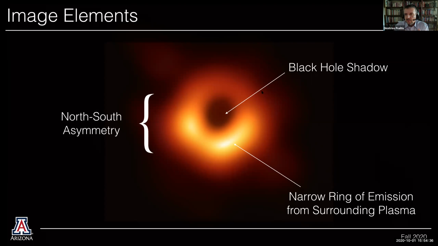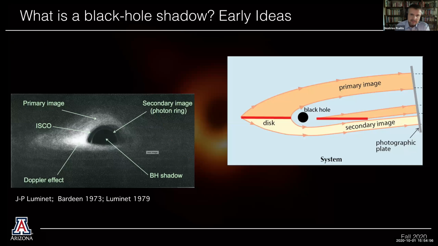So we knew that we would be able to do something about general relativity with a black hole shadow because this is something that happens all the way at the horizon of the black hole. But to understand what we can do, we have to really understand what that shadow is and how it probes general relativity. Back in the 70s, there were some early ideas of these black hole shadows. This is the time when everybody thought that accretion flows, accretion disks, are very thin, geometrically thin, optically thin accretion disks.